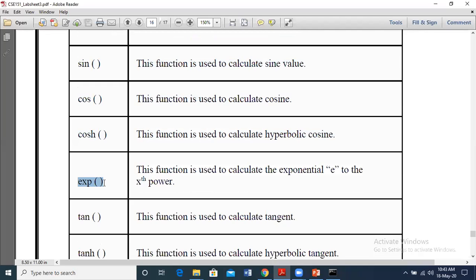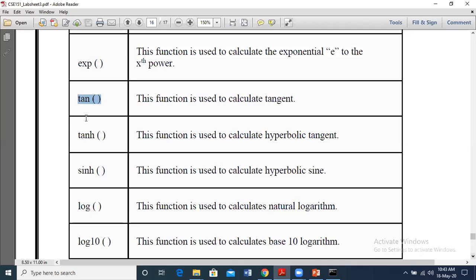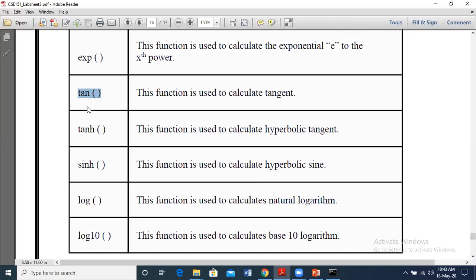We will see the usage in the program next. It returns the exponent value. As we just saw, tan returns the tangent value, and we have tan hyperbolic and sine hyperbolic. These are all the trigonometric and hyperbolic functions.